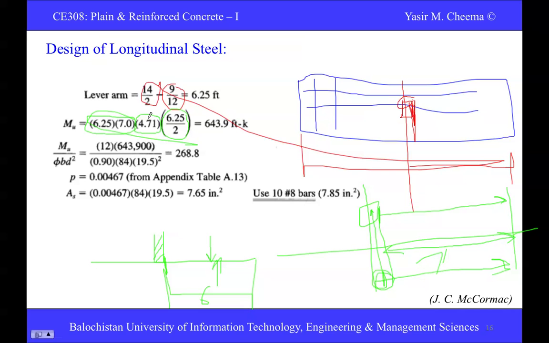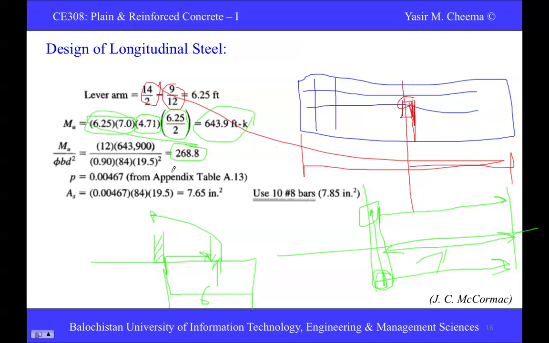4.75 applied on this area, 6.25 into 7 area, and this moment is produced over here, and it would act at the center of the rectangle. So this would be 6.25 by 2. Clear? So it comes to be 643.92 foot. So Mu over phi b d squared is 268.